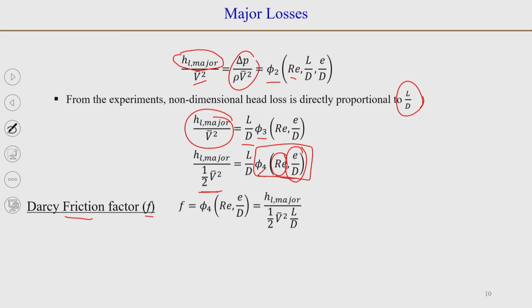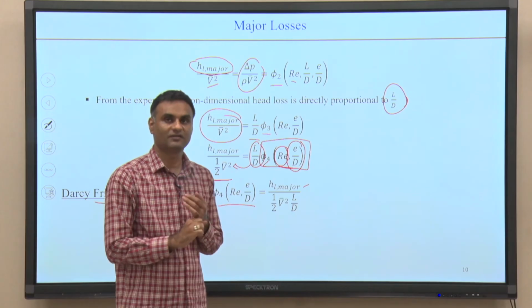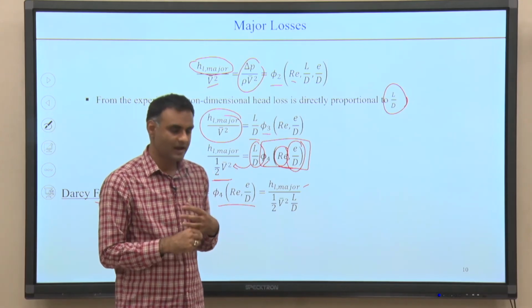So, Darcy friction factor we define as this is equal to phi 4 E by d, and that is H L major divided by half rho v square by L by d. So, we can bring in L by d in the denominator here. So, that is the definition of Darcy friction factor, and Darcy friction factor is a function of Reynolds number and E by d.